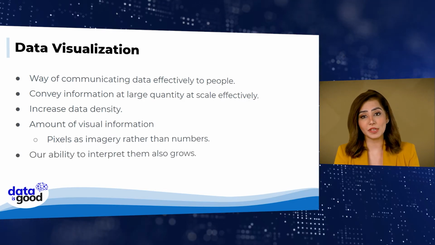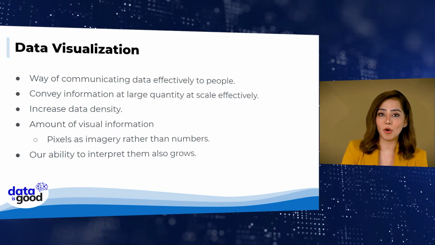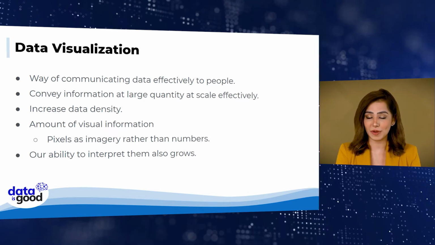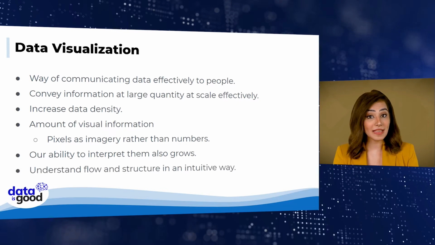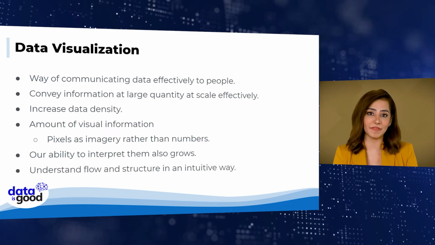Our ability to interpret them also grows. So we can see more things and therefore find more patterns from this. Another thing that data visualization does is help us understand the flow and structure in an intuitive way.